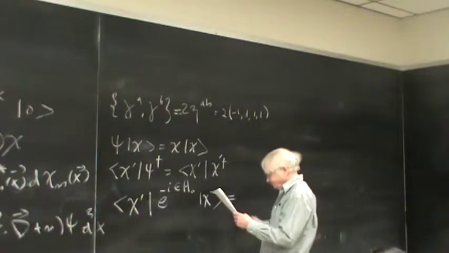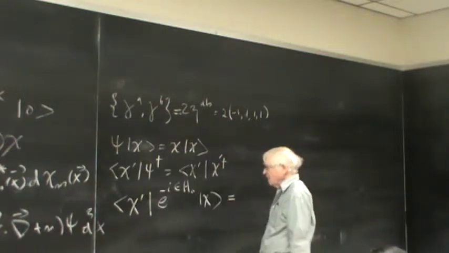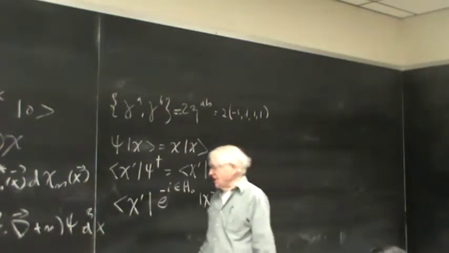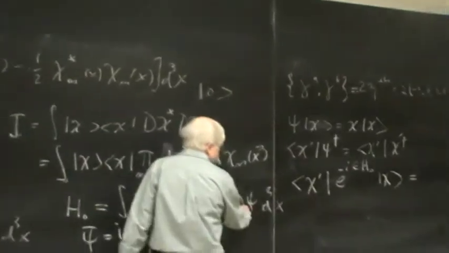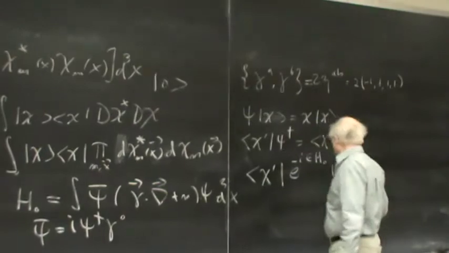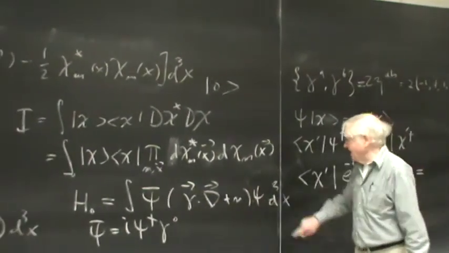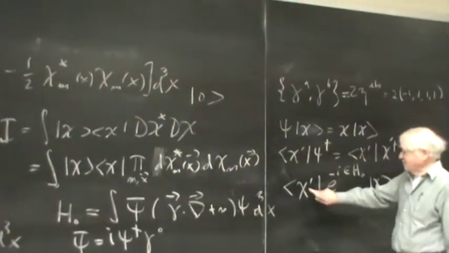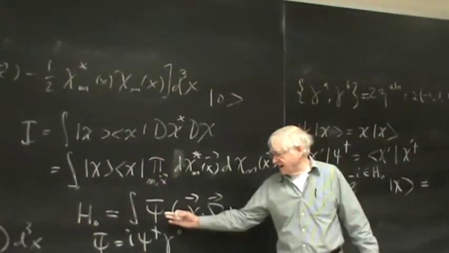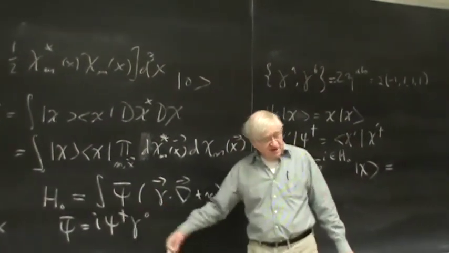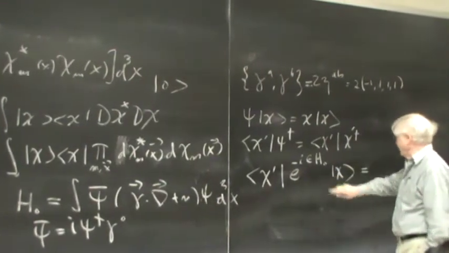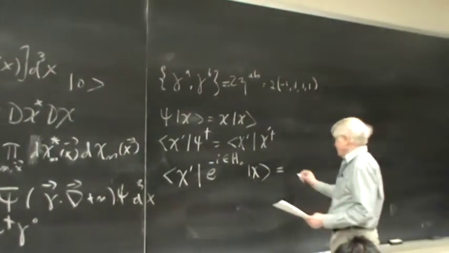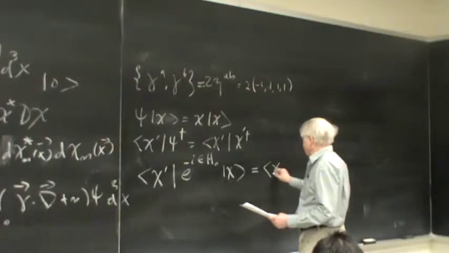What is it? Well, inasmuch as this coherent state is an eigenstate of psi from the right, and chi prime is an eigenstate of psi dagger from the left, it turns out that this thing is effectively, let me write it in two steps then.